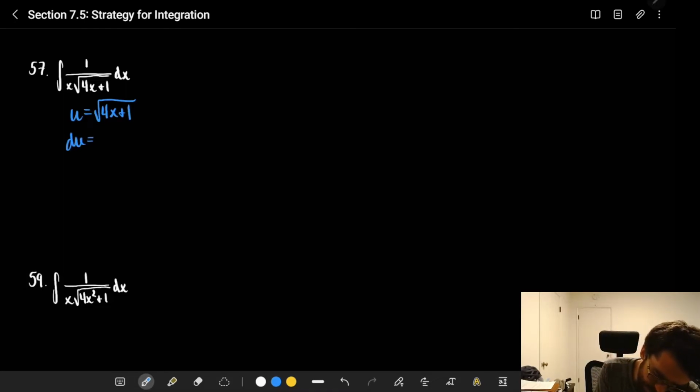So du is 1 over 2 times that square root times the derivative, which is a 4, so you get a 2 on top, I believe. Check that, of course.